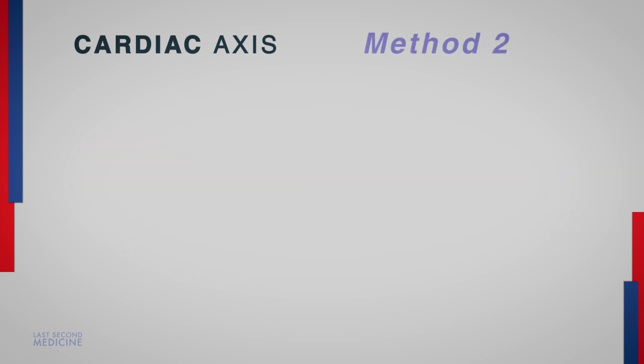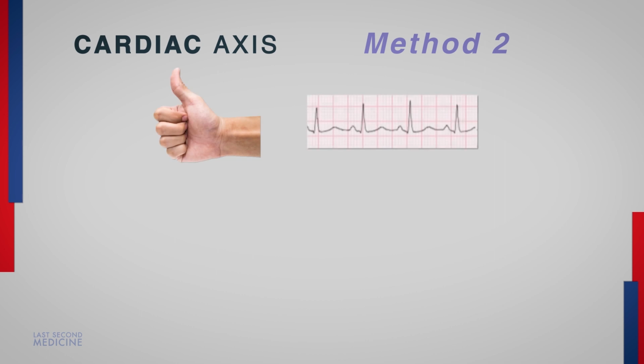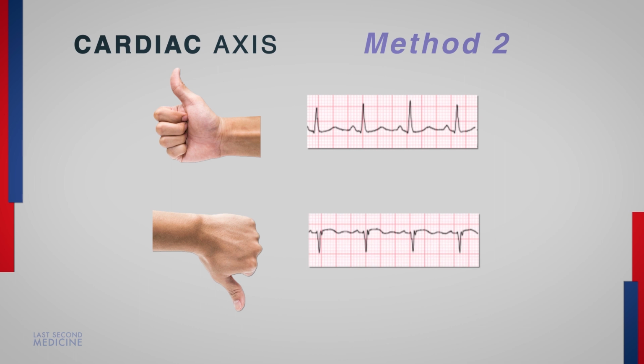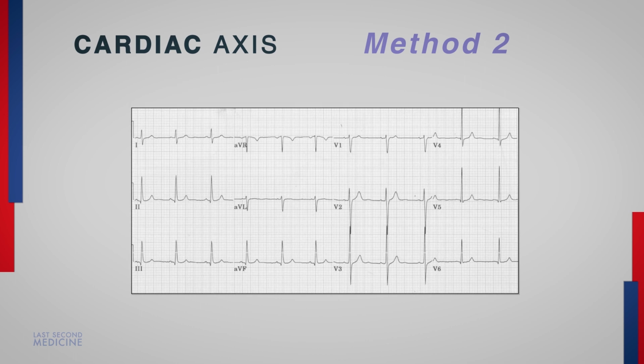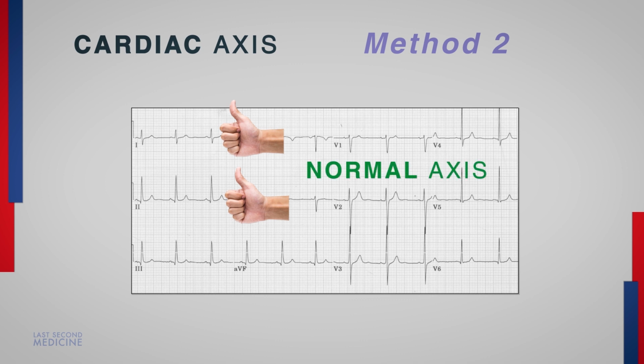Method 2. This is just a simplification of method 1 by the thumbs up and thumbs down method. Thumbs up indicates positive QRS complex and thumbs down indicates negative QRS complex. Now positive QRS complex in both lead 1 and lead 2 means normal axis. So both thumbs up, normal axis.